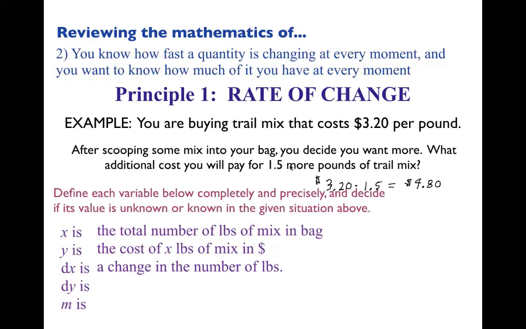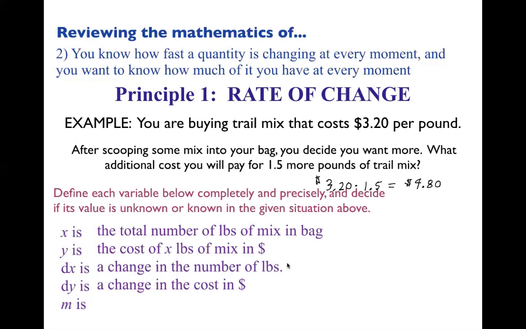When we were putting the 1.5 more pounds of trail mix in, as the trail mix was falling into the bag, dx was changing. dx started at 0 and it increased through all pounds up till 1.5. And when we finished dumping the scoop, at the end it was 1.5. So dy is the corresponding change in cost.